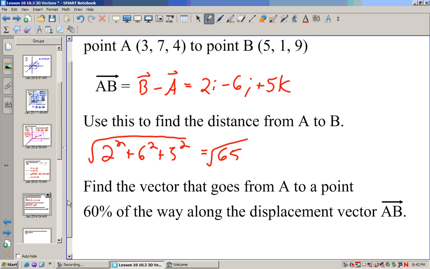Alright, now if I want to find a vector that goes from point A to 60% of the way along the displacement vector AB, I'm just going to do 60% of AB. AB we have, so 0.6 times 2 is 1.2i, 0.6 times 6 is negative 3.6j, 0.6 times 5 is 3k.